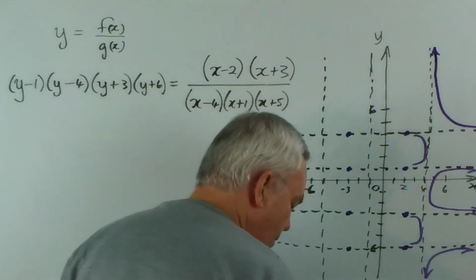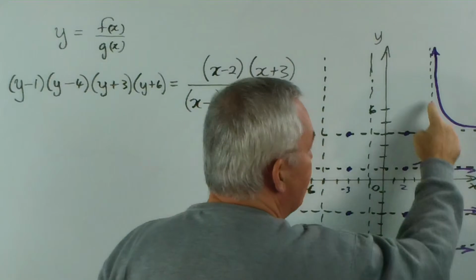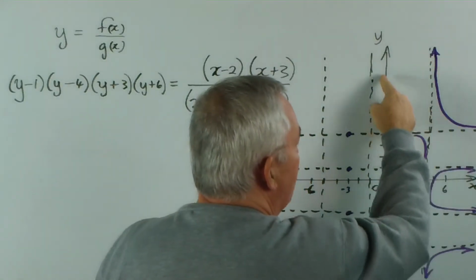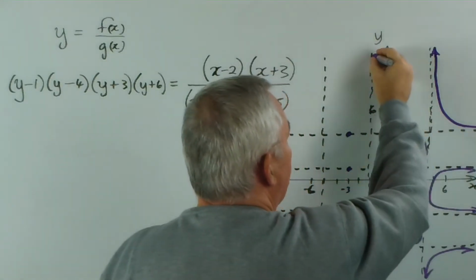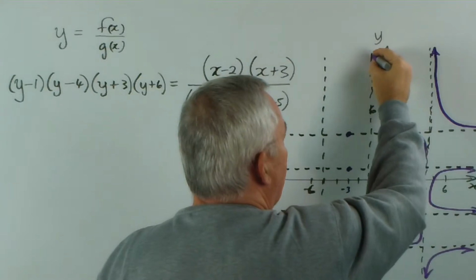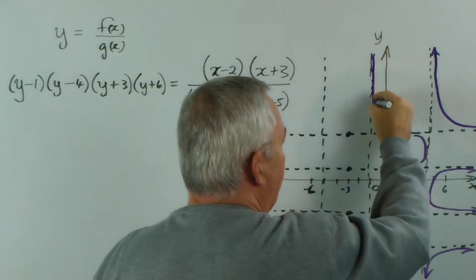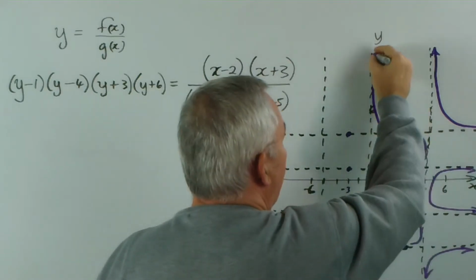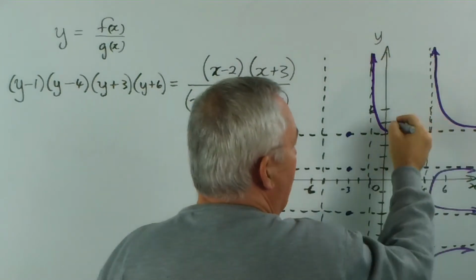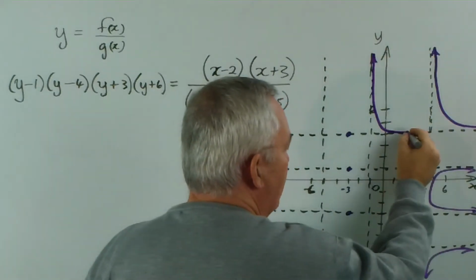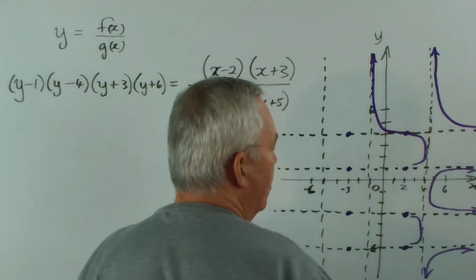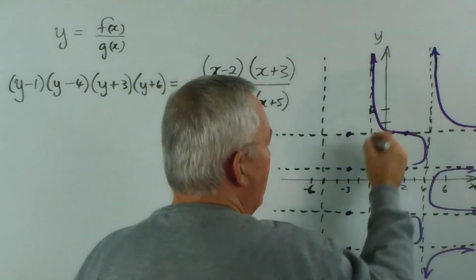Now, if we had done this graph, you can see the graph would expect to go up here, if it had been negative. So the graph is actually going to cross through the asymptote there and go up.